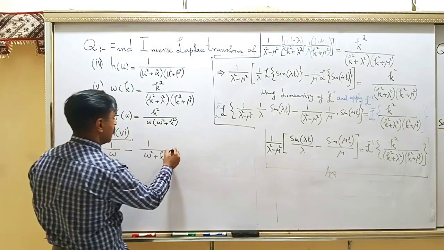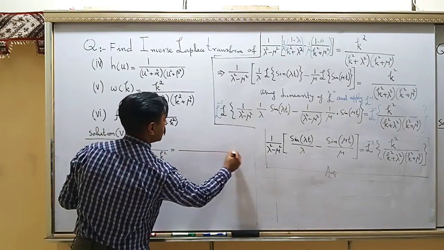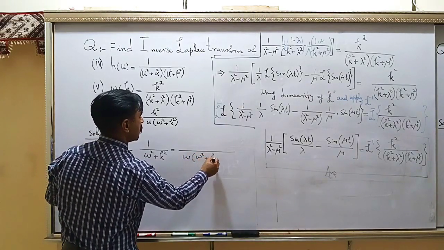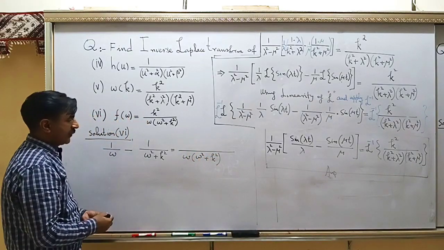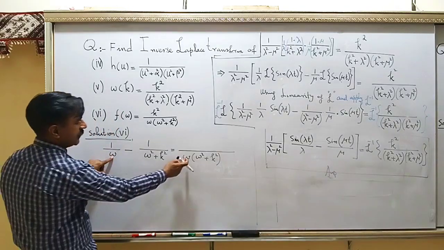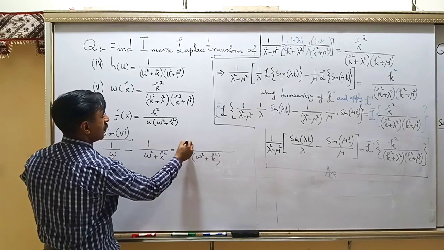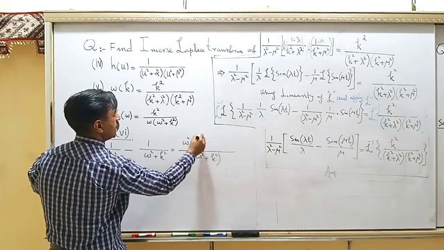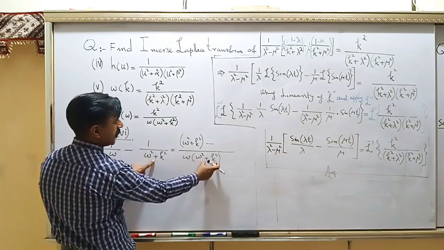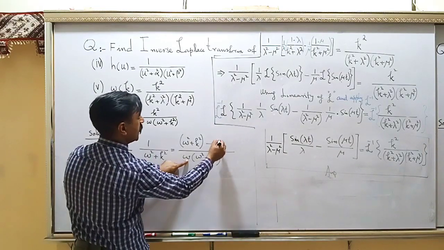And then take their LCM, and this is omega into omega square plus k square, right? And this omega is gone, and you have omega square plus k square minus this omega square plus k square gone, and you have only omega.